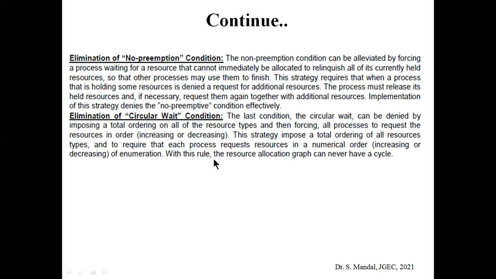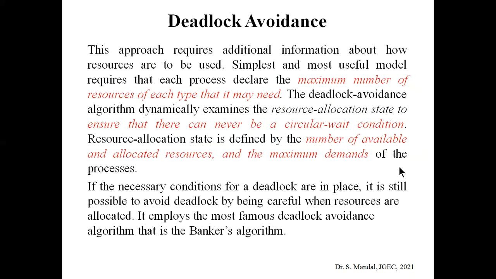Obviously each process cannot access all the resources at the same time. So this strategy imposes a total ordering of all resources and requires that each process requests resources in numerical order, increasing or decreasing, one by one. After elimination of these four conditions, we can prevent the deadlock.